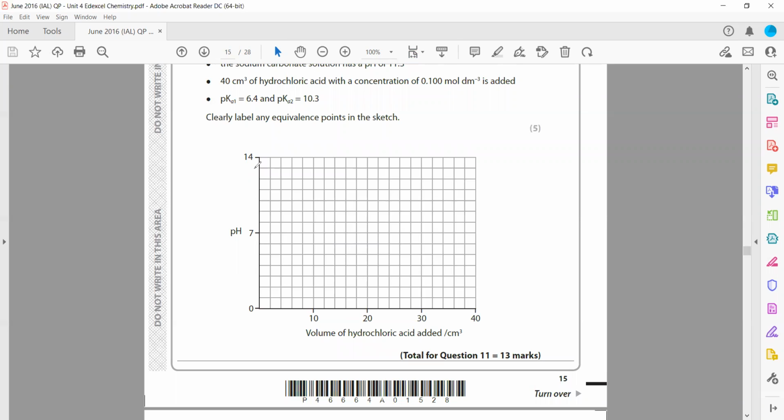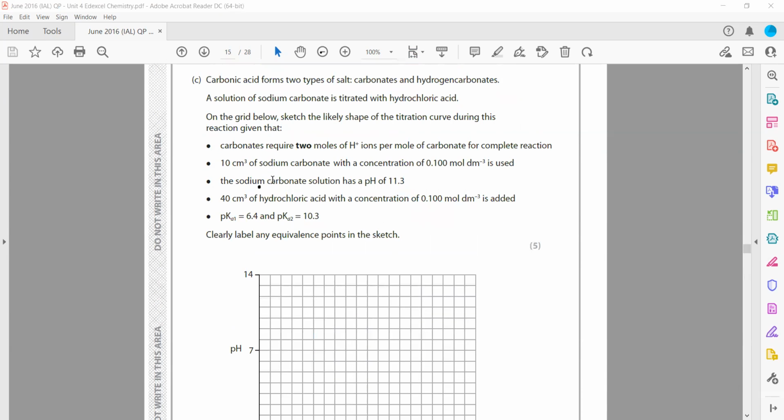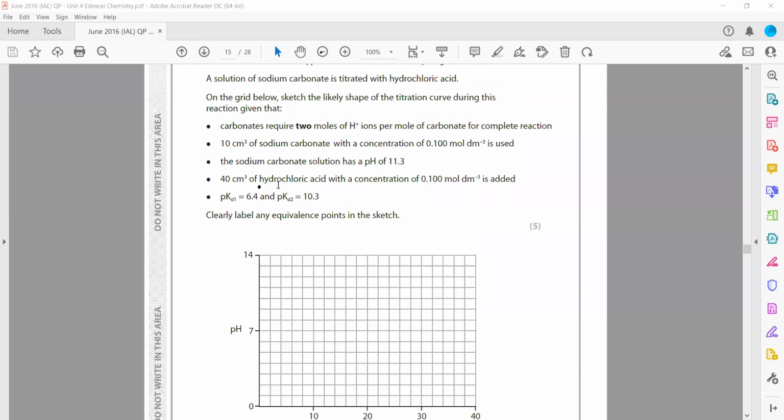So we start with 11.3 on the pH axis: 7, 8, 9, 10, 11, so 11.3 somewhere here. Then we use 10 cm cube of sodium carbonate.